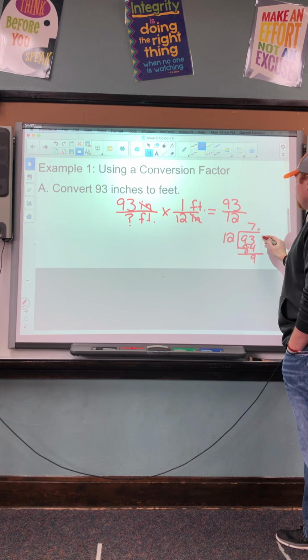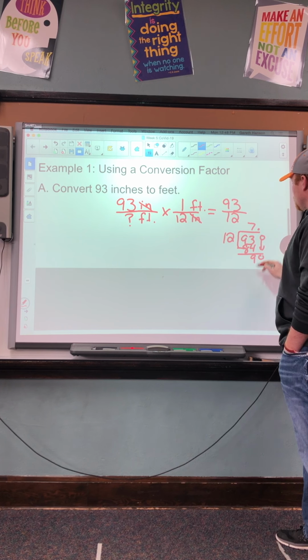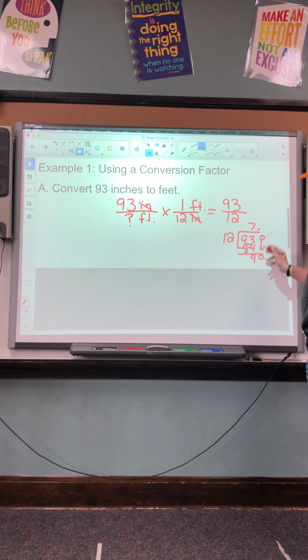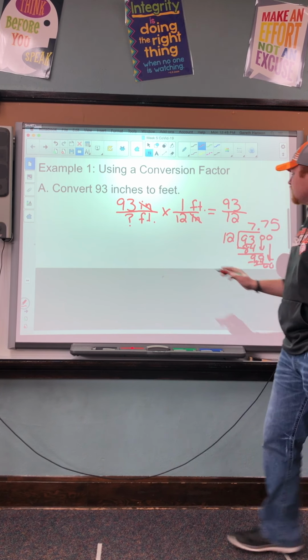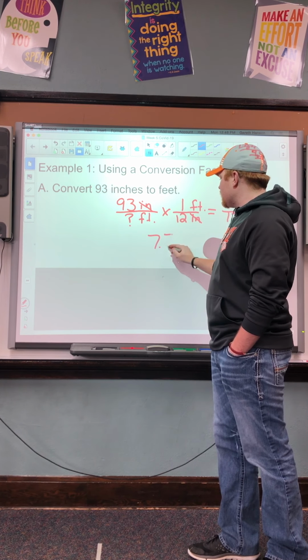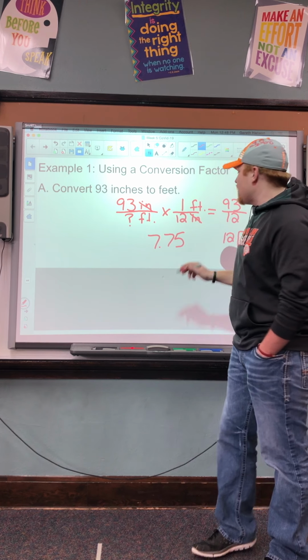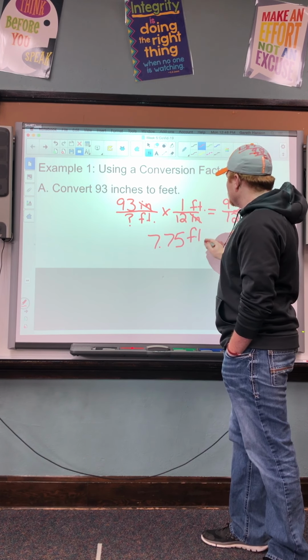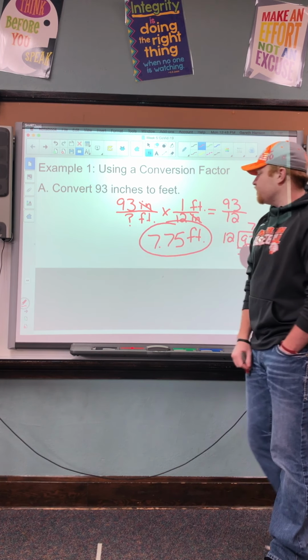So again, put your decimal, bring down a 0. 12 goes into 90 7 times, 84, subtract, 6, bring down the 0. So we have 60. 12 goes into 60 5 times, and that goes into it evenly. So our answer would be 7.75 feet. And then that's your answer.